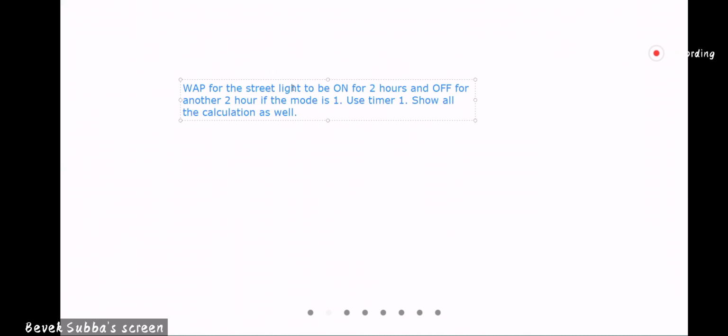For this, use timer one specifically, in mode one. In the forum you can calculate it, photograph it and upload it, scan it, or write it there itself. I'll see. Is it clear?